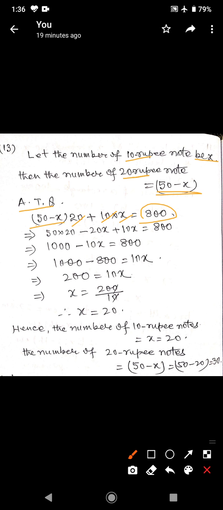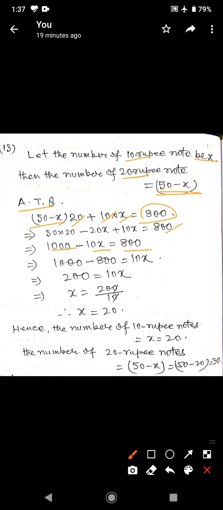Now according to the question, (50 minus x) multiply 20 plus 10 multiply x equal to 800. Now it can be written as 50 multiply 20 minus 20x plus 10x equal to 800. 50 multiply 20 equal to 1000, minus 10x equal to 800.